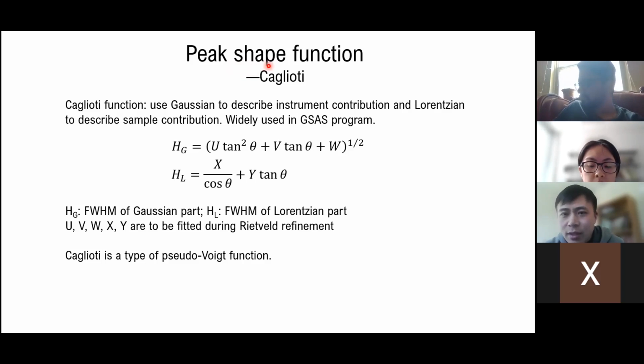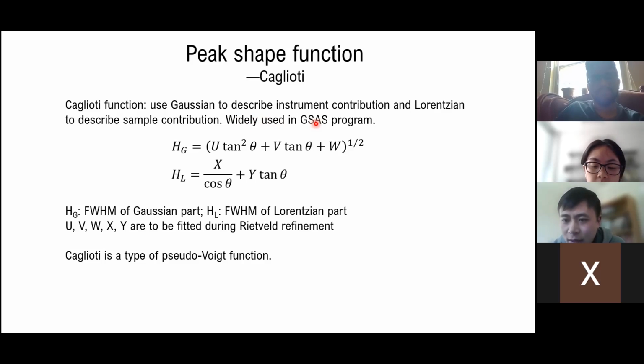I have been using GSAS for some time, but it should be the first 2 or 3 functions, and they are based on the Caglioti function, which has Italian origin. The Caglioti function basically describes both the instrumental contribution and the Lorentzian function to describe XRD peak shapes, and it's very widely used in GSAS.